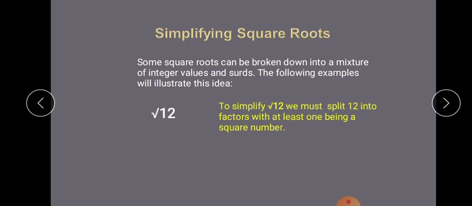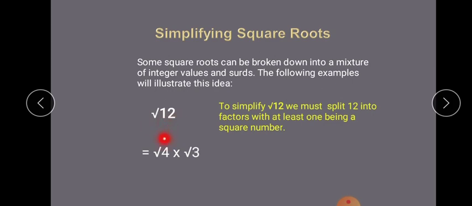So you see here, if I want to simplify root 12, we must split 12 into factors with at least one being a square. So you have to factorize this number 12 such that one should be square.